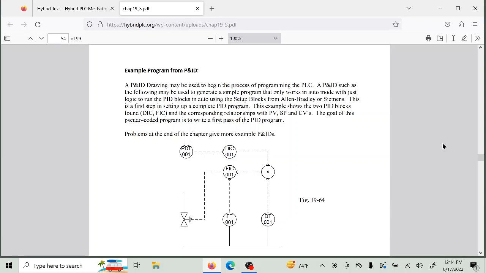So here's a picture of a PID, and we go through it and try to set up these various blocks. You can set them up vertically or horizontally, it doesn't really matter.